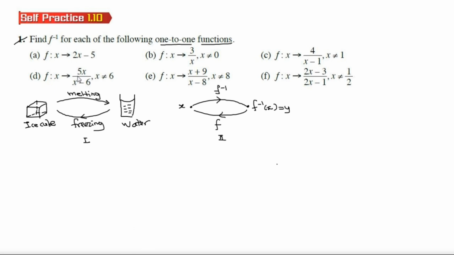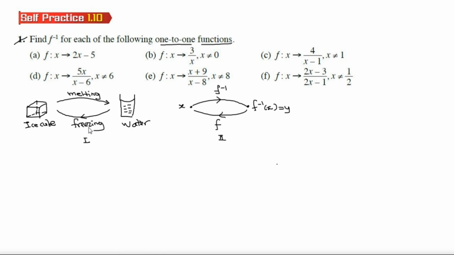What is an inverse function? How do we relate inverse functions to real life? For example, let's say we transform an ice cube to water. This process involves melting. And then from the water, what is the process involved for water to transform into the form of an ice cube?